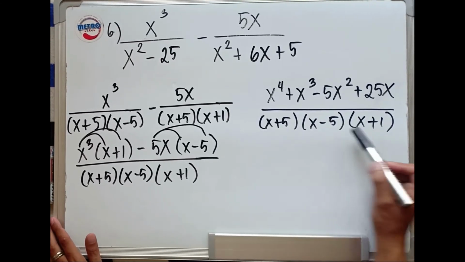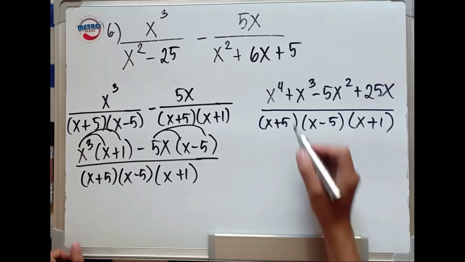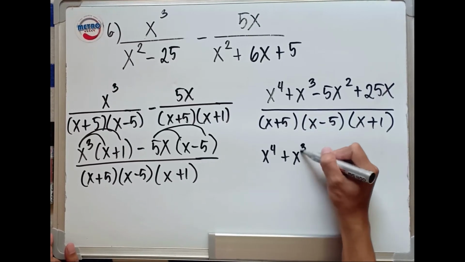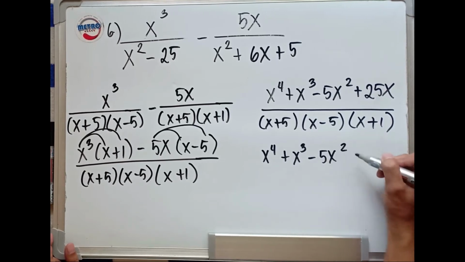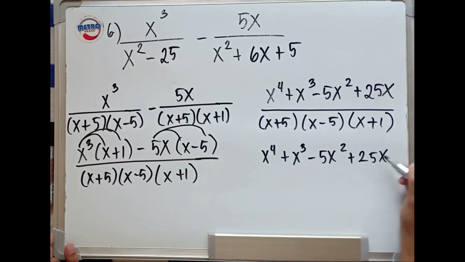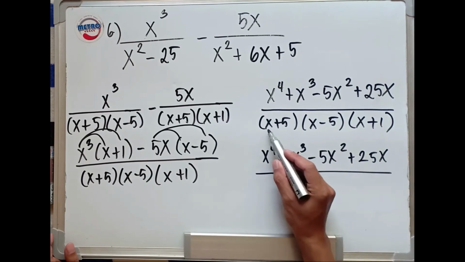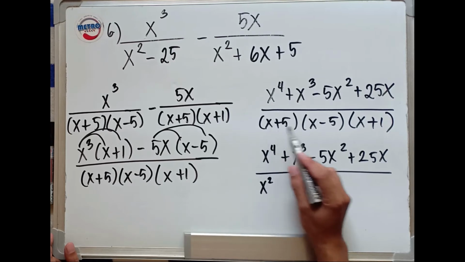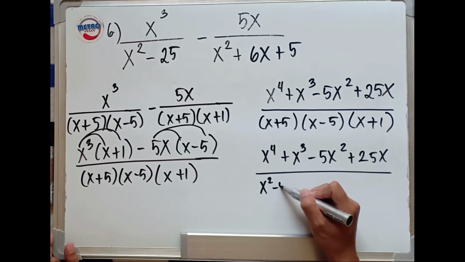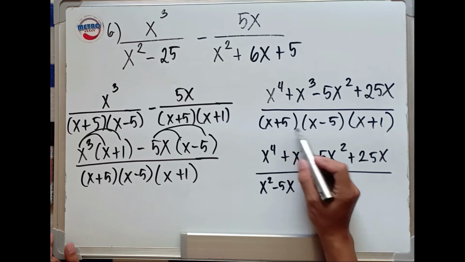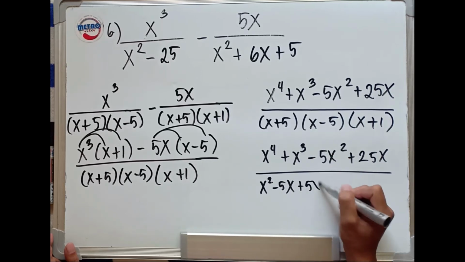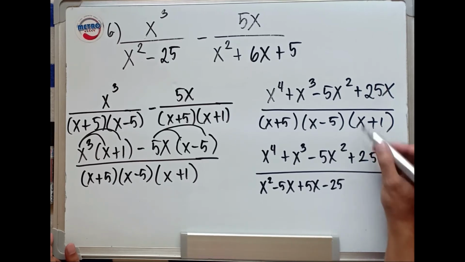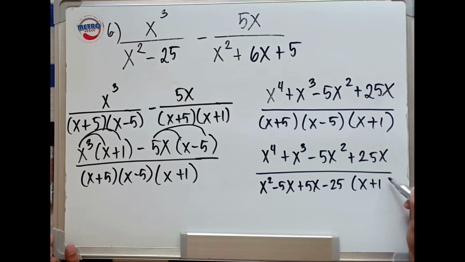Let us now simplify our denominator. So copy first the numerator, x to the fourth plus x cubed, negative 5x squared, and positive 25x. x times x squared, x times negative 5, that is negative 5x, 5 times x, that is 5x, then 5 times negative 5 is negative 25. Then, copy x plus 1.